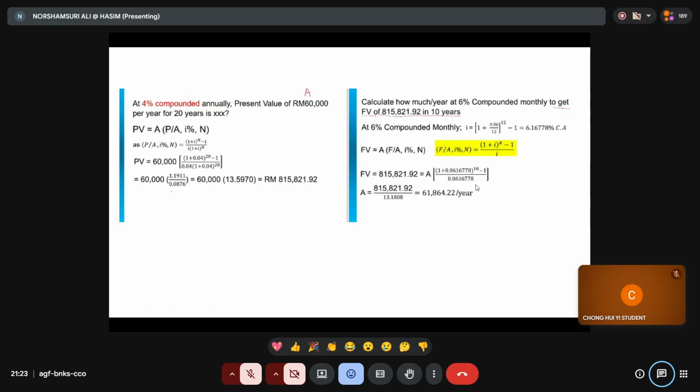Okay, so there is a question. This question is asking: at 4% compounded annually, what is the present value of 60,000 per year for 20 years?